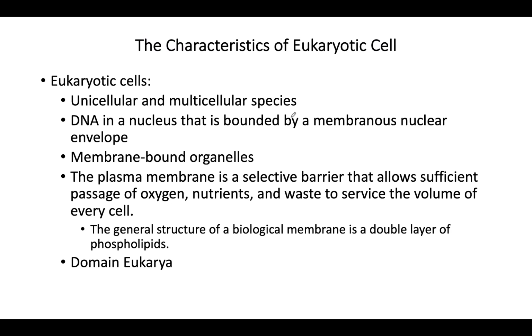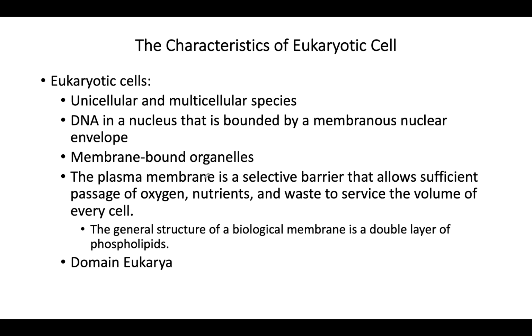But for eukaryotic cells, some are unicellular, but most are multicellular species. DNA is located inside the nucleus. This nucleus is bounded by a membranous nuclear envelope. Also, the eukaryotic cell has membrane-bound organelles.